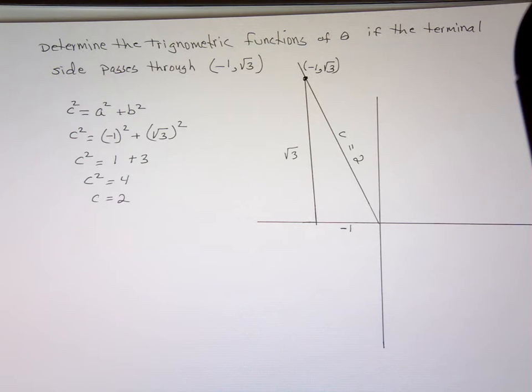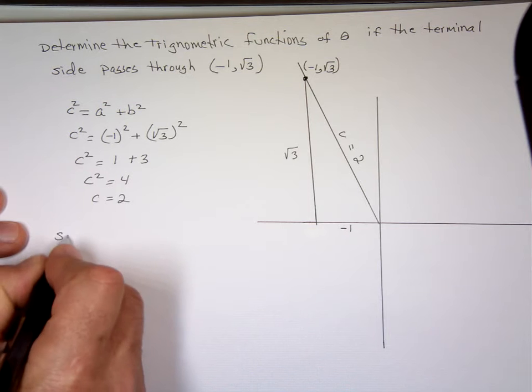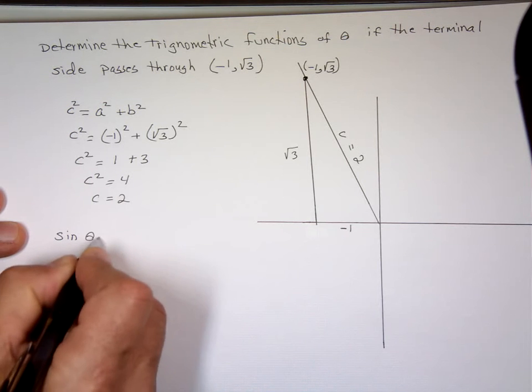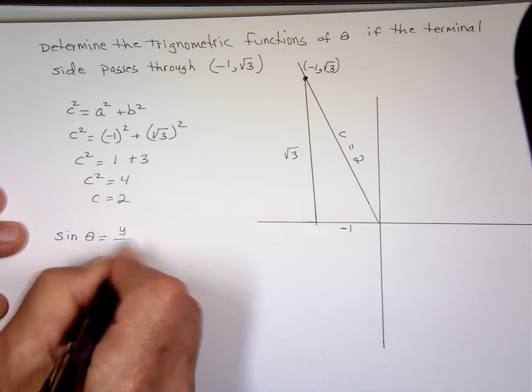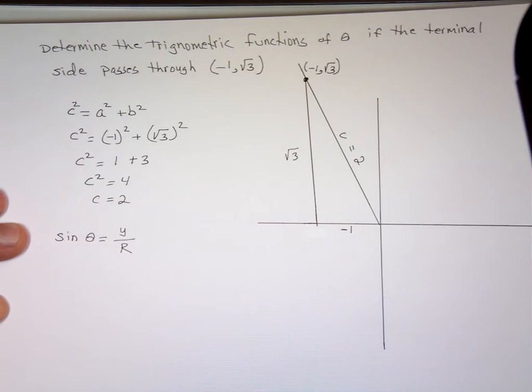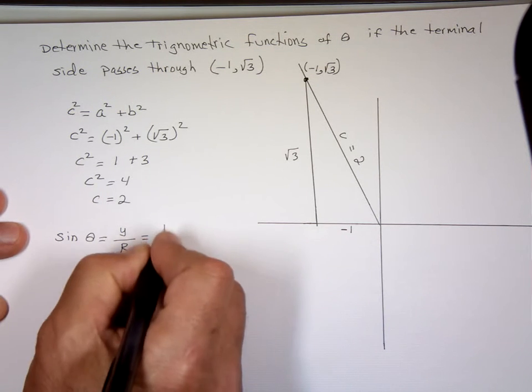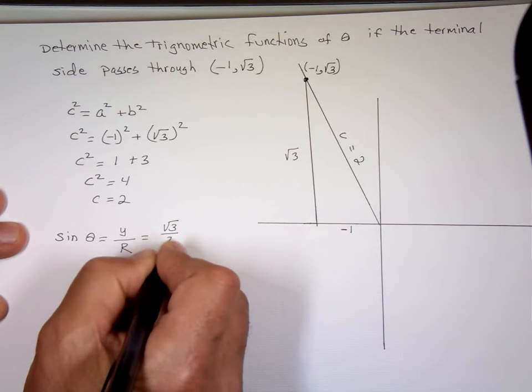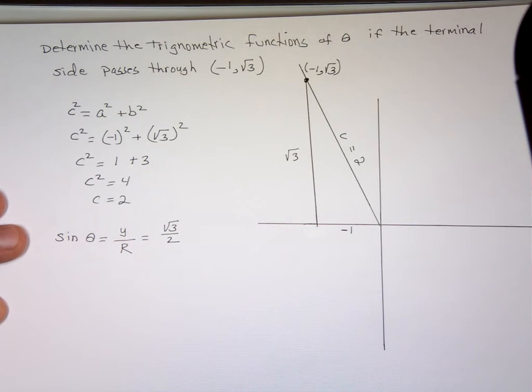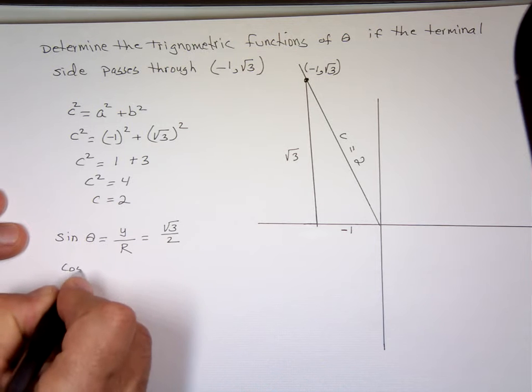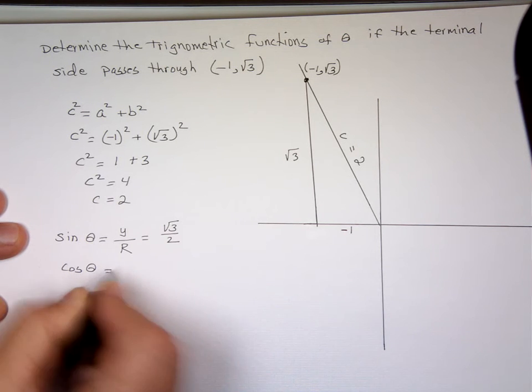So what's the sine? We said it's the y value over r, the opposite over the hypotenuse. Y is what? The square root of 3 divided by 2. Cosine. The adjacent, that's the x value.